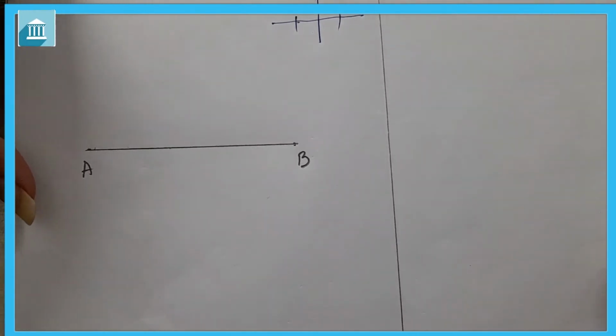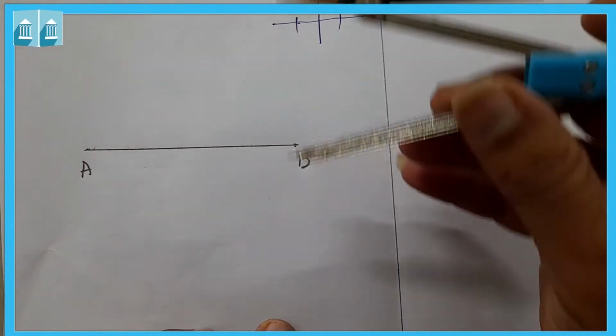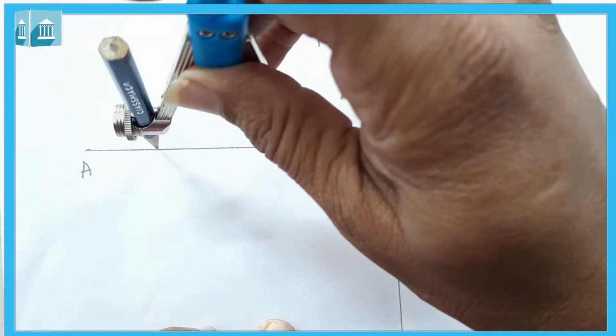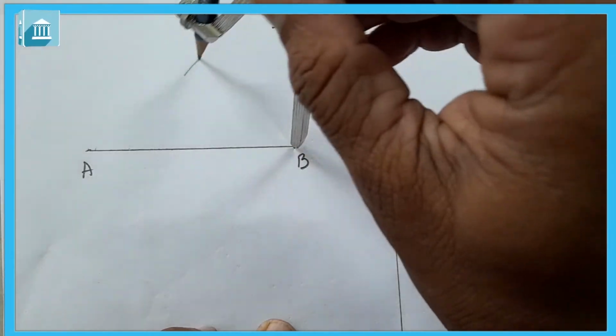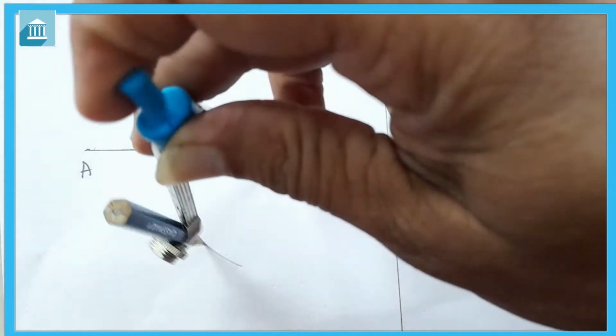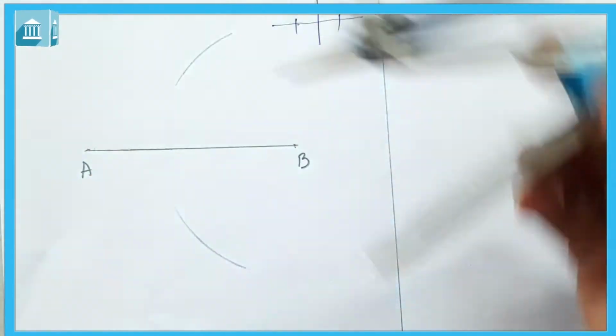To draw the perpendicular bisector we have to use a compass. First, with center B and radius more than half of this line segment, let us draw one arc here and one arc here, that is, on both sides of the line segment.